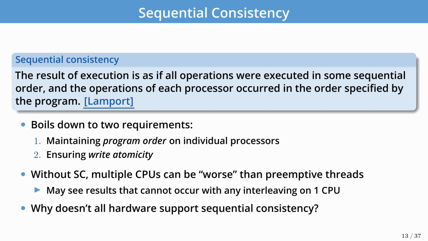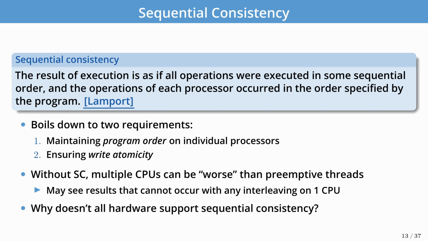So sequential consistency is an important idea to understand for understanding what programs do when it comes to executing on multi-core machines. Sequential consistency just says that the result of the execution is as if all operations were executed in some sequential order, and the operations of each processor occurred in the order specified by the program.